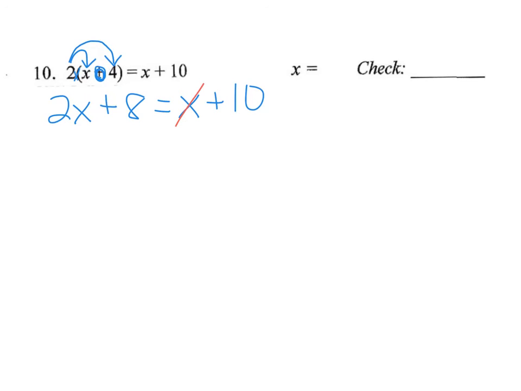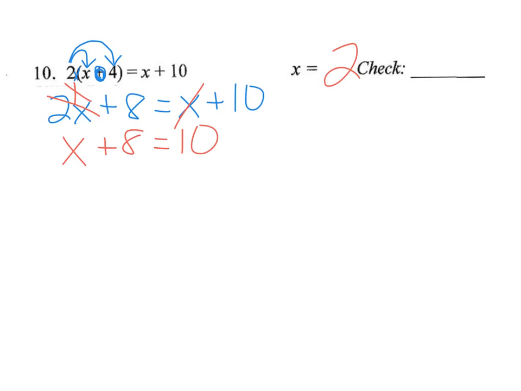Well, I'm going to get rid of that x, and this is no longer going to be 2x. It's just going to be 1x. So it's just x. So really what I have is x plus 8 equals 10. So let's solve. What plus 8 equals 10? Well, this is kind of funny. It's actually 2 again.